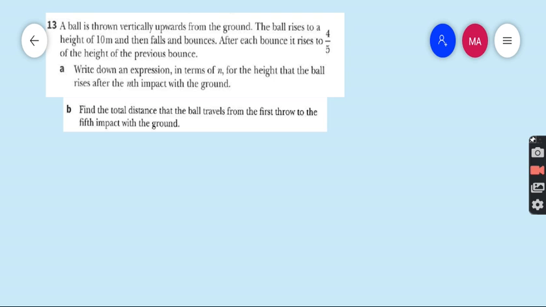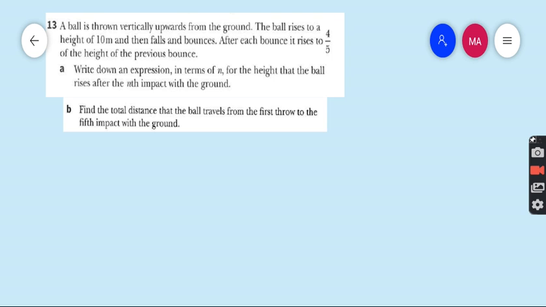A ball is thrown vertically upwards from the ground. The ball rises to a height of 10 meters and then falls and bounces. After each bounce, it rises to 4 upon 5 of the height of the previous bounce.